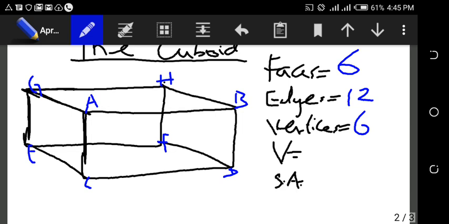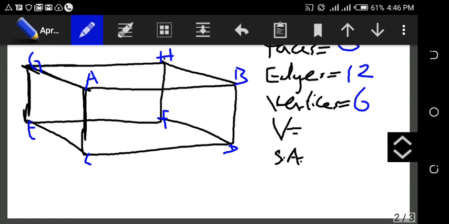Okay, now the next is the volume. Remember that the volume is given by the formula length times breadth times height, or length times width times height. For our cuboid, the shape will tell you that they have different lengths. The length, the breadth, the height are not the same as we have in the cube.